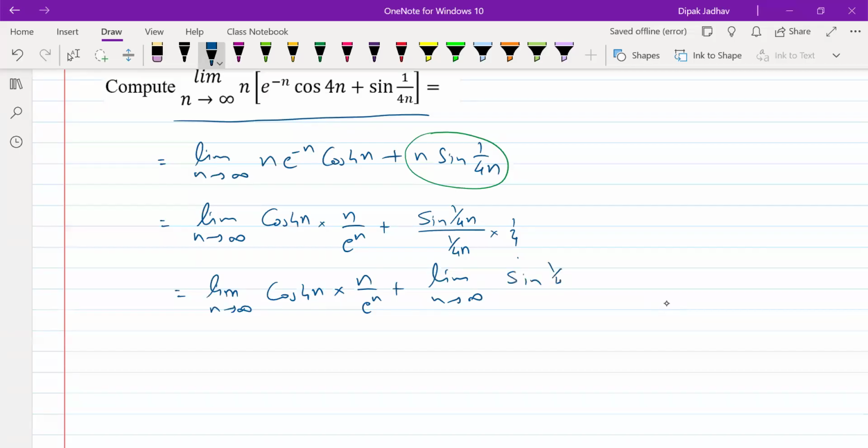What is the answer of the second limit? It's 1 by 4, and the answer is 1.